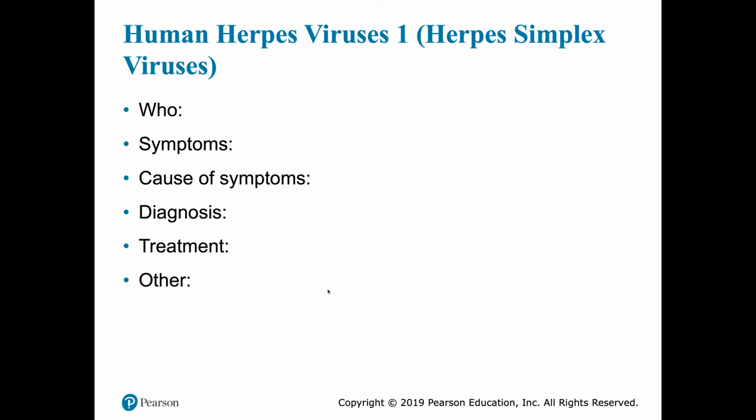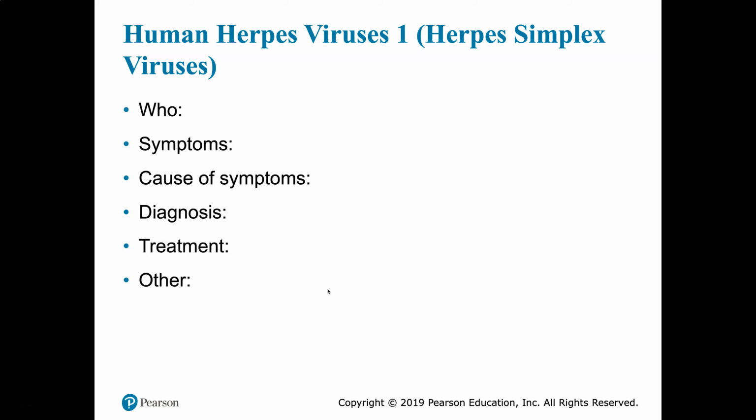This is a virus, right? So there's no way to get rid of this virus. We'll talk about treatment in a minute. All right, so symptoms: painful, itchy, vesicular lesions on the lips.